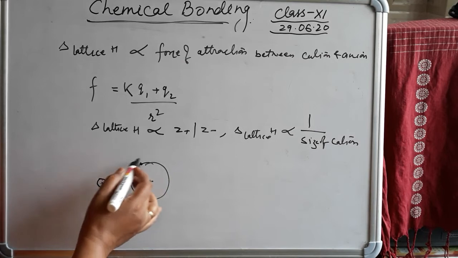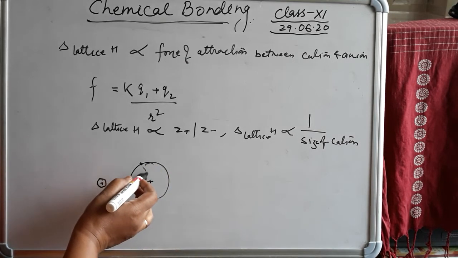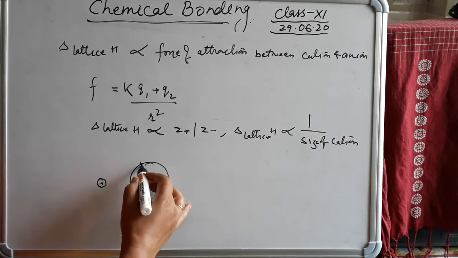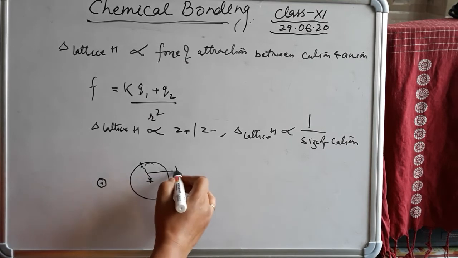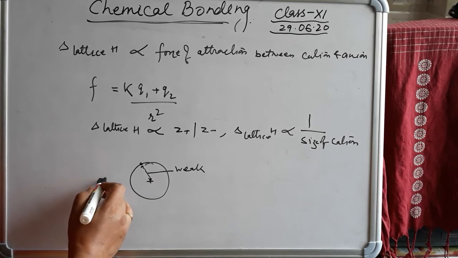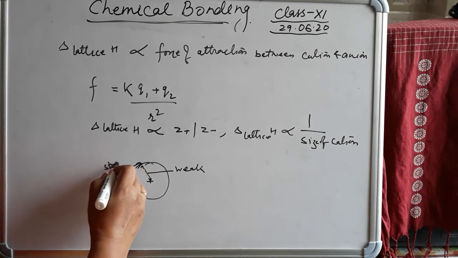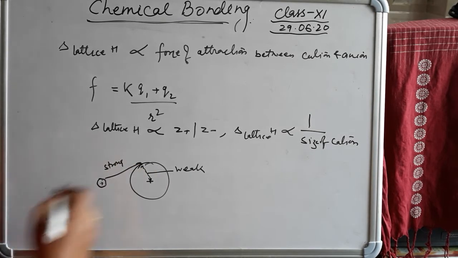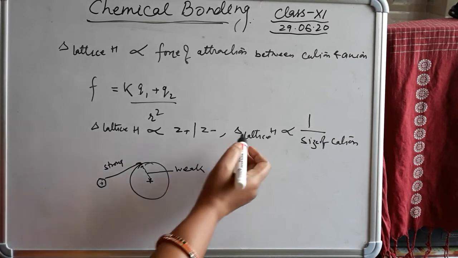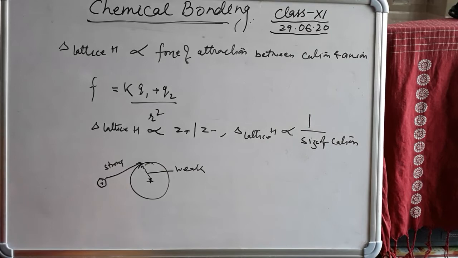Due to the larger size of the anion, the force of attraction becomes weak, and due to the smaller size of the cation and greater charge magnitude, it strongly pulls the electron. This attractive force is strong. In this way we can say that lattice enthalpy is inversely proportional to the size of cation.